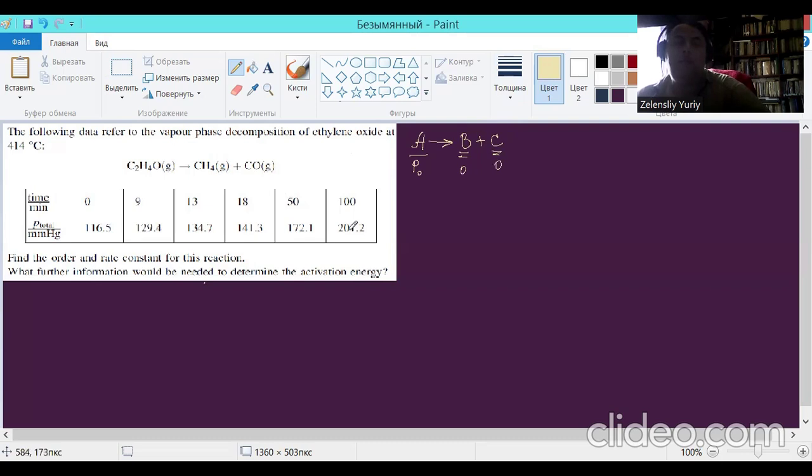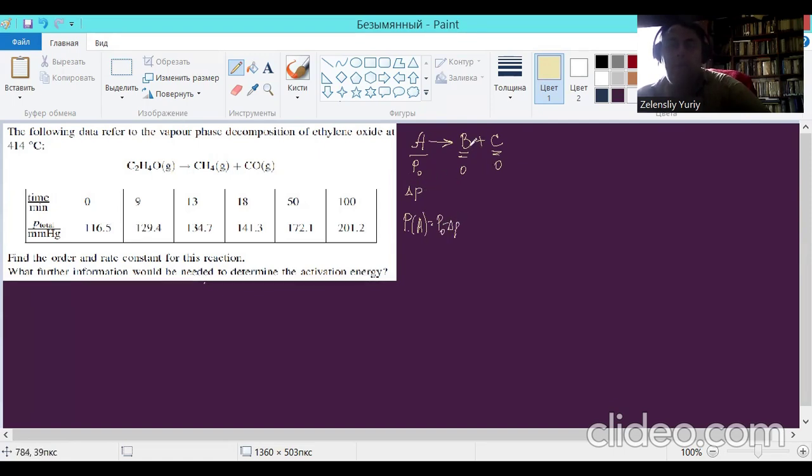Okay, now while the reaction is taking place, A goes in the reaction in order to get some products B and C. For that reason, its partial pressure drops by delta P, and finally, at moment t, the partial pressure of the reagent A is equal to P0 minus delta P, right?